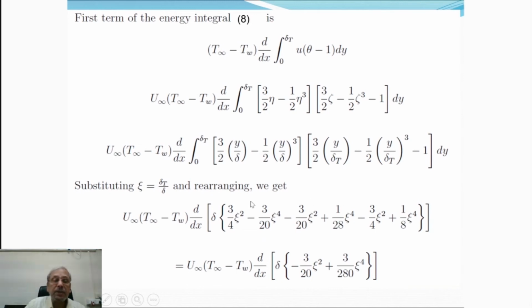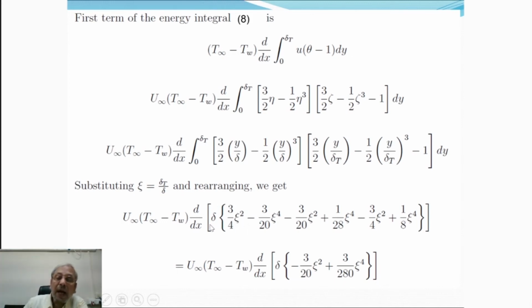We get this expression, and in it we have introduced another new variable, zeta, which is nothing but delta t by delta. After integration and substituting the upper limit, we get this delta t by delta term in the final expression.